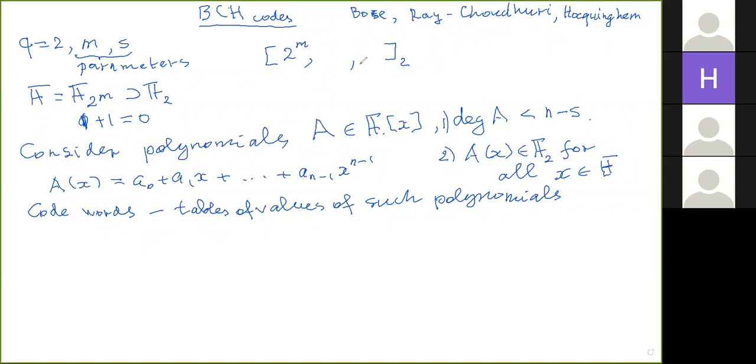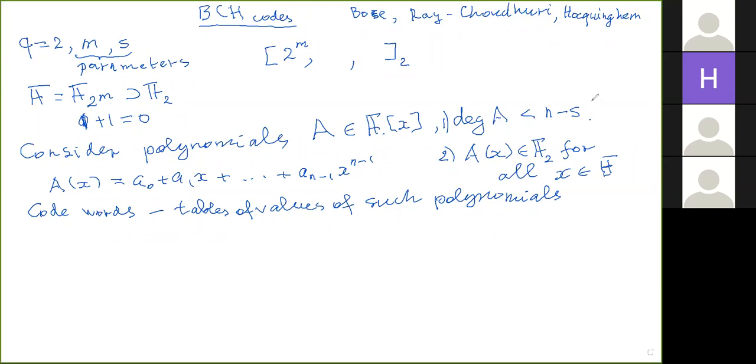The set of code words here is a subset of the set of code words of the Reed-Solomon code. For Reed-Solomon, we have only the first requirement.